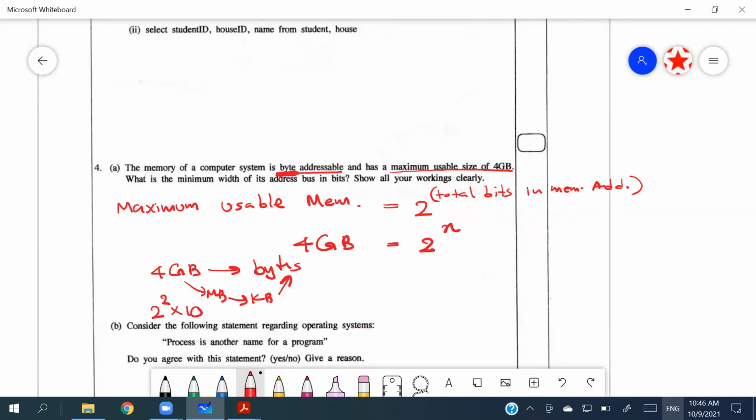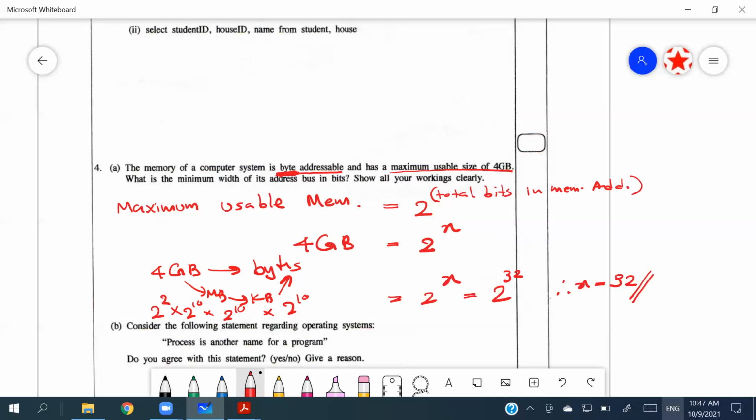For each of these steps, you need 2 to the power 10. So it's 2 to the power 32 equals 2 to the power X. Therefore, X equals 32. Right, that should be the way the question should be answered.